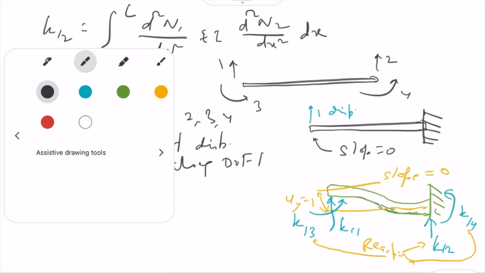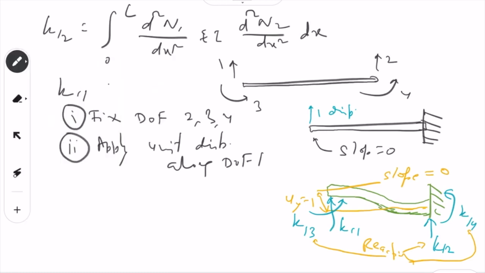Okay. So then how can you find out K12, K13, K14? Well, we can do it. From here, the idea is that you have force K11, a moment K13, then force K12, and a moment K14.